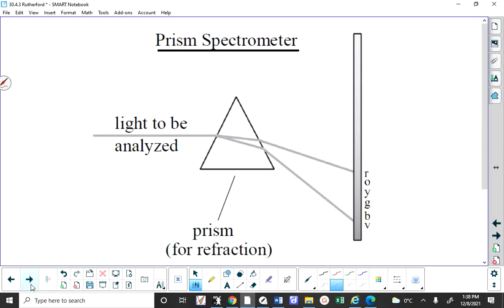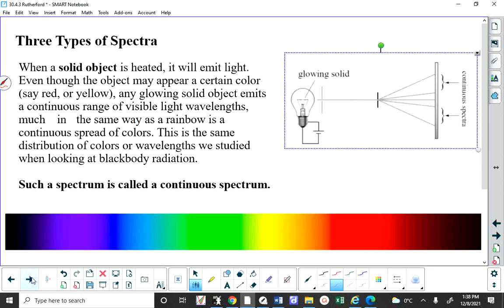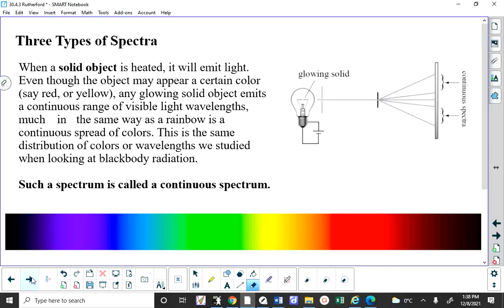So now, here are the 3 types of spectra. This is one you are familiar with. I started talking about this a minute ago, and then I realized I had to talk about spectrometers. When you have a solid object that's heated, can anybody tell me what we can call a solid glowing object?